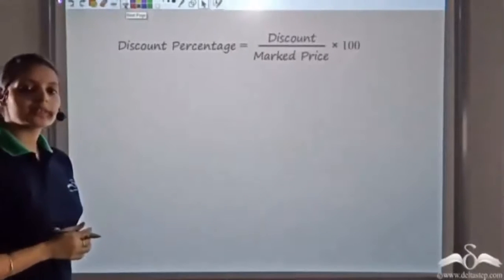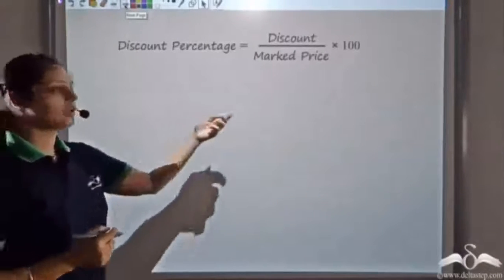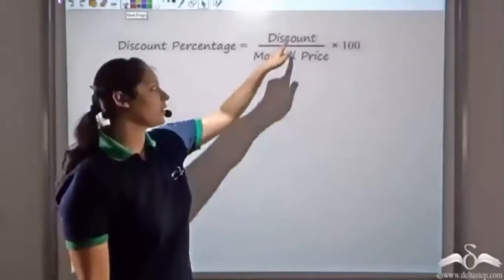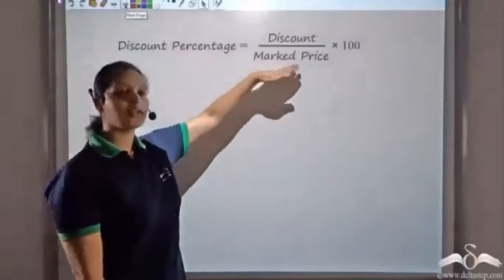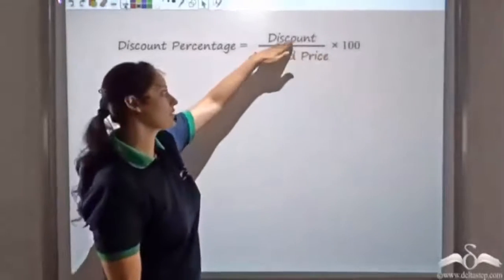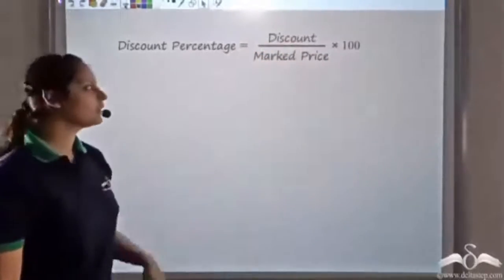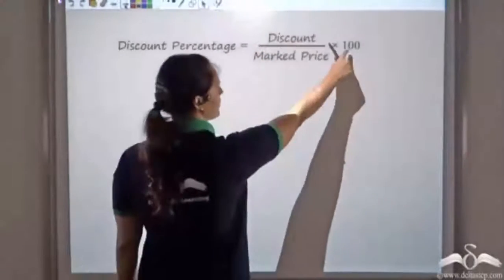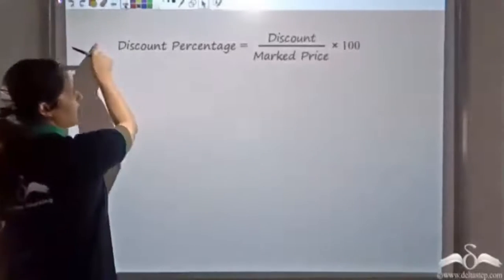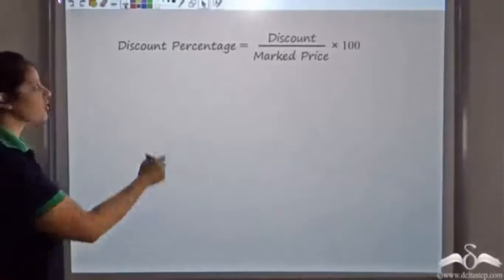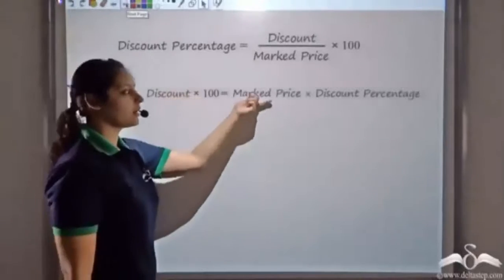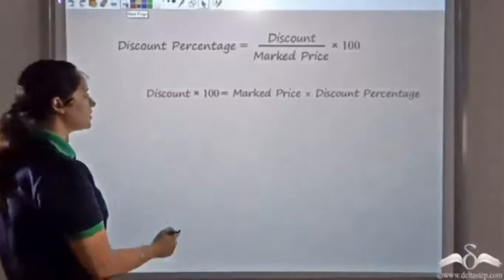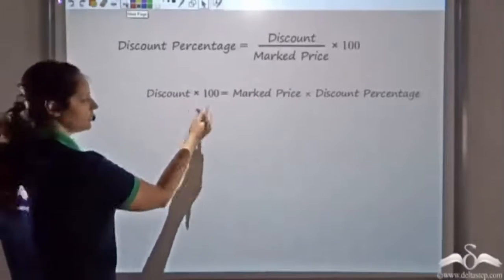We know that discount percentage is discount upon marked price into 100. Discount percentage is always calculated on the marked price. So it is discount by marked price into 100. From here I can say that discount times 100 would be nothing but marked price into discount percentage, cross multiplying. From here I can find the discount.